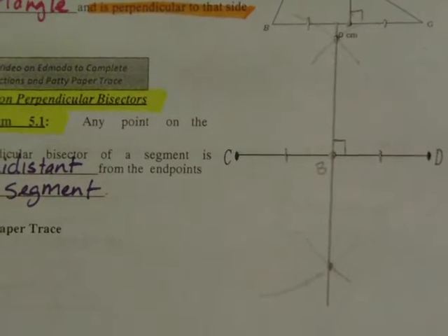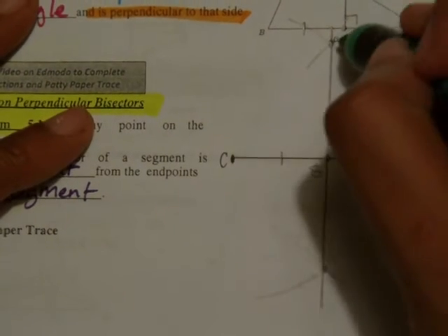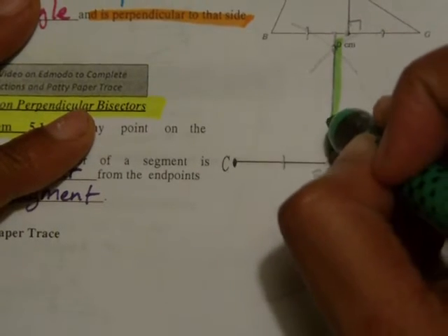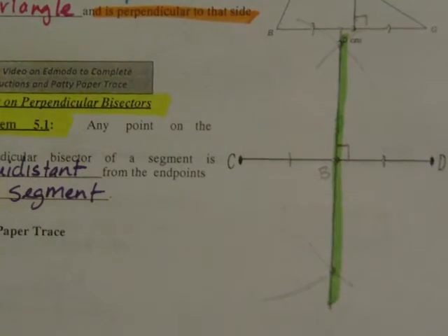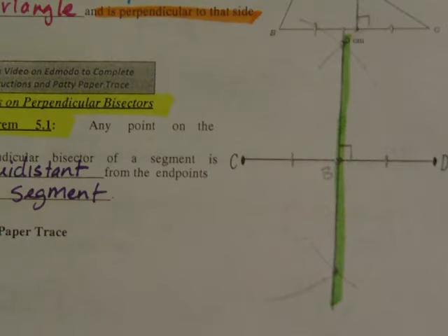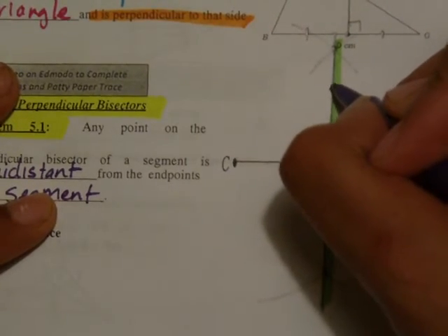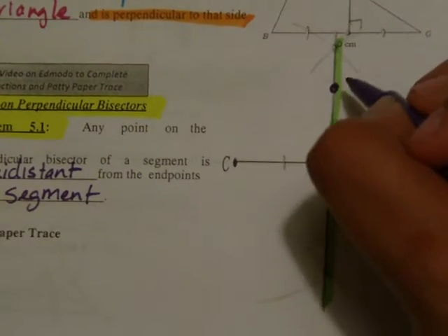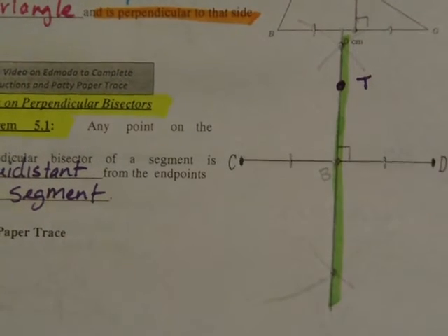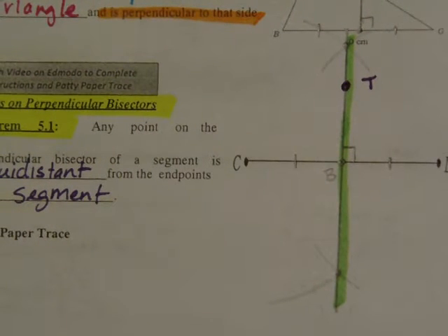Just so we understand, the line that I just drew right here, that I'm highlighting, that's my bisector. I'm going to pick a point on the bisector, anywhere on the bisector, not the midpoint, but on the bisector. I'm going to put this point right here and label it T. The bisector theorem states that any point on that bisector, my green line, is equal distance to the endpoints.